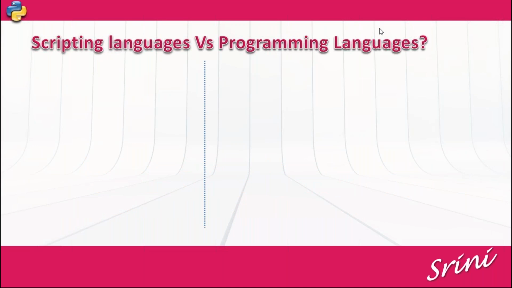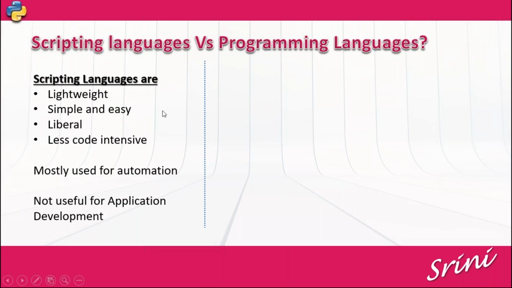So here you can have a question, what is a scripting language? What is a programming language? What is the difference? A scripting language is also a variety of programming language. It is a lightweight, liberal, less code intensive programming language. So it is simple and easy.